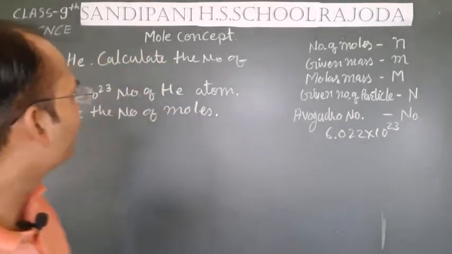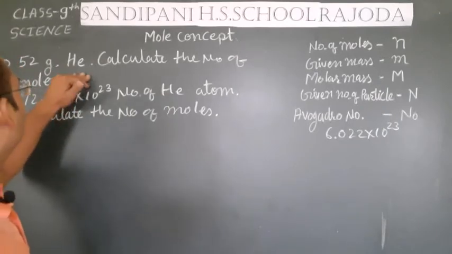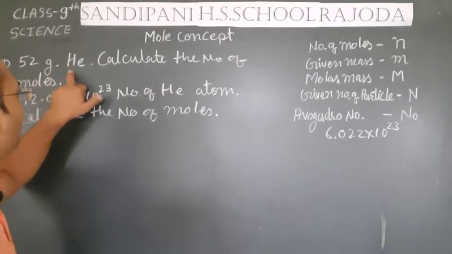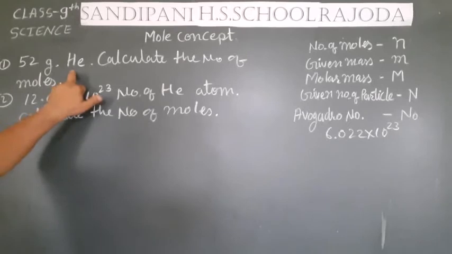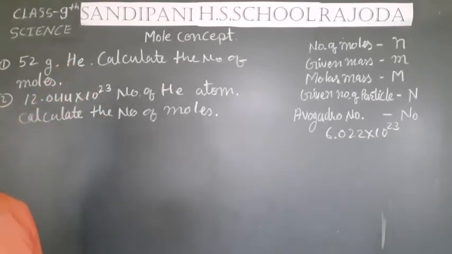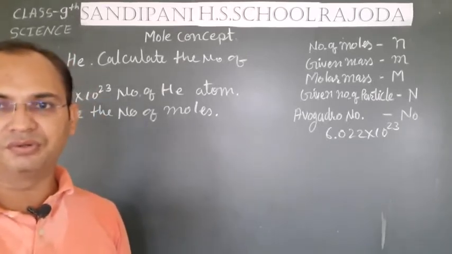So, in the first question, given mass of the substance is 52, and we know that the molar mass of helium is 4.